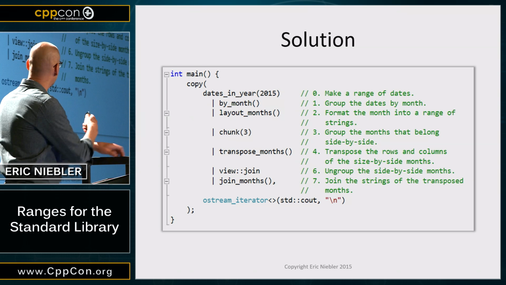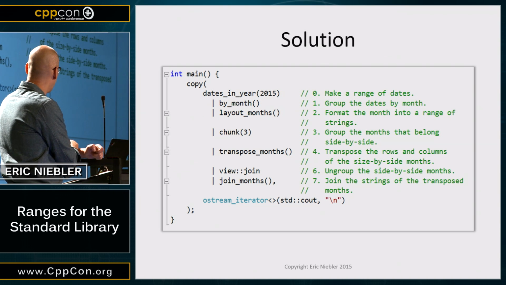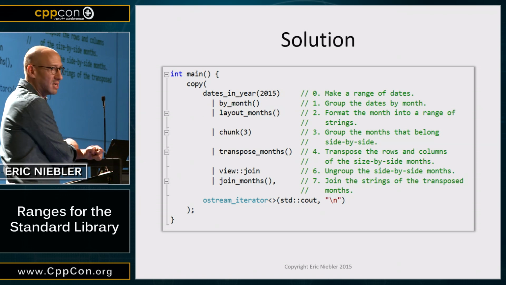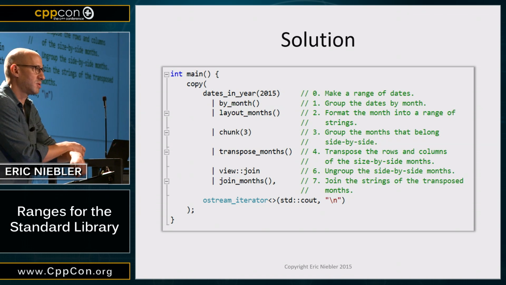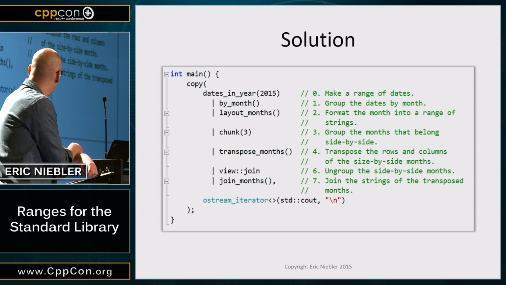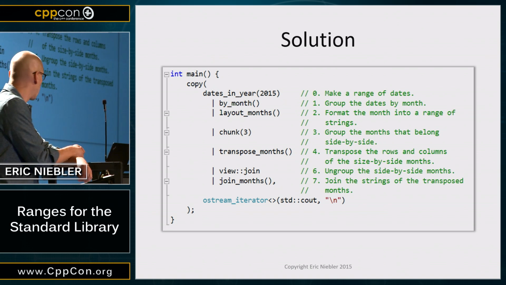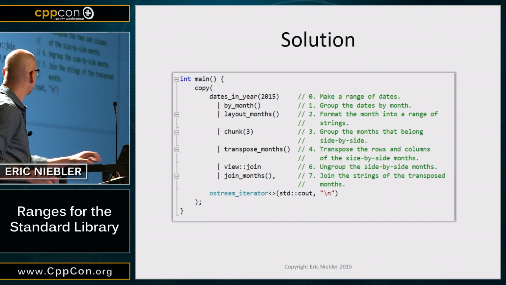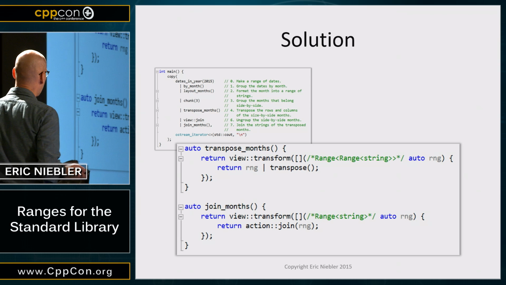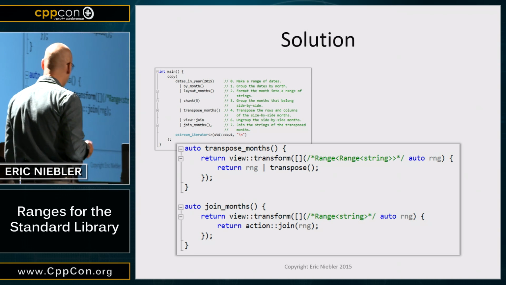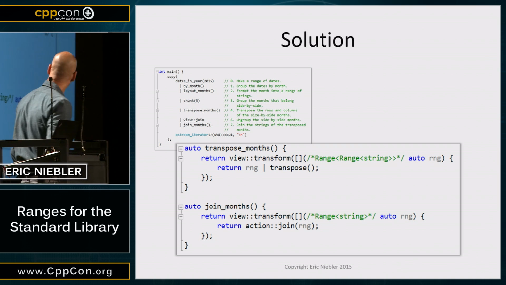Here's the final solution. Dates in year, we chunk it by month. We lay out the months. We chunk it into the groups of 3. We transpose the months. We join, and join again. For completeness, transpose months is just a transform and a transpose.